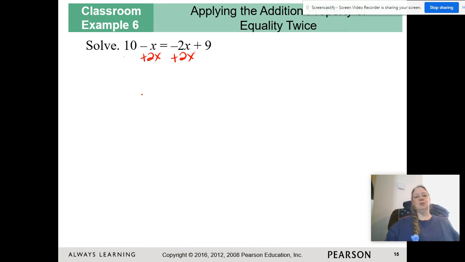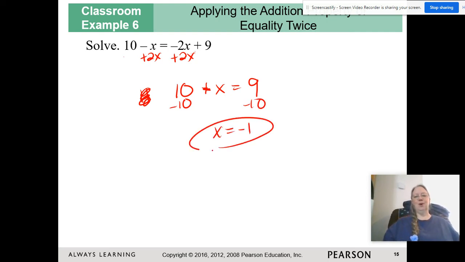That should be an 11. That should be a 10. Minus x is equal to 9. Sorry, plus. It's always easier to work with a positive variable than a negative. Sorry about that. Subtract 10, and we get x is equal to -1.